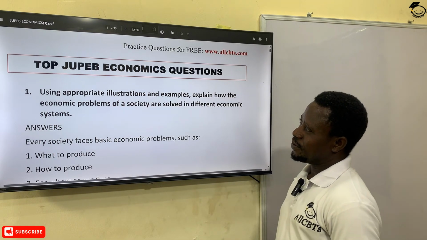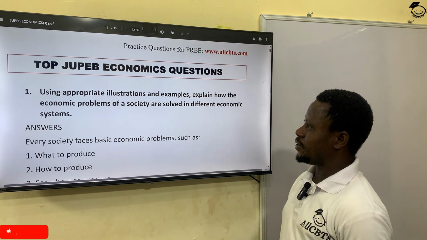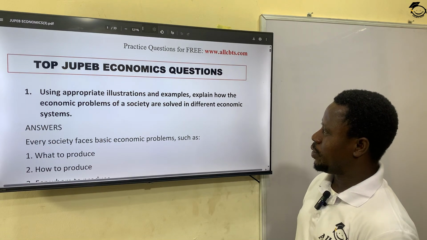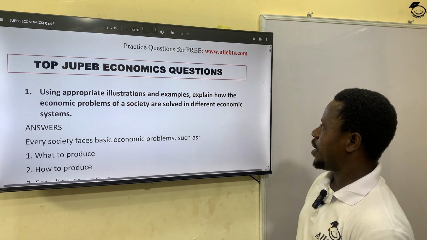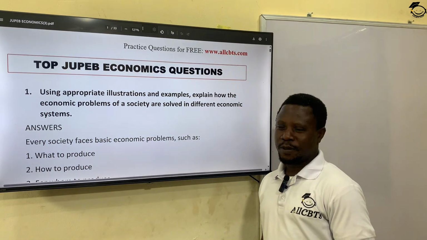Question 1. Using appropriate illustrations and examples, explain how the economic problems of a society are solved in different economic systems.